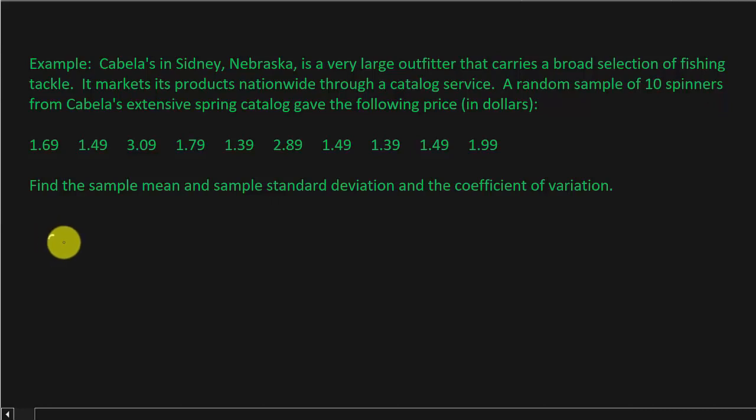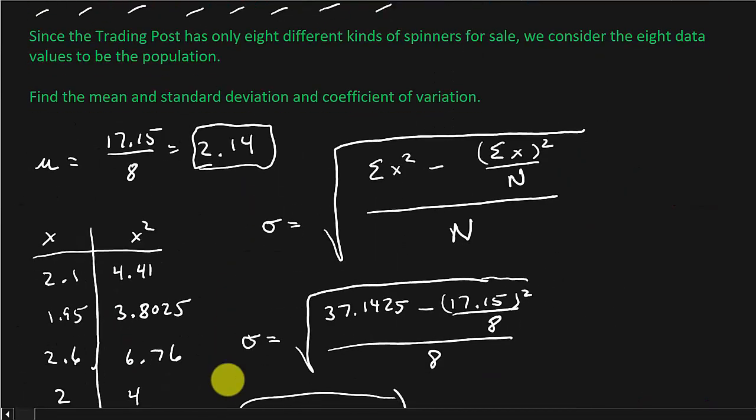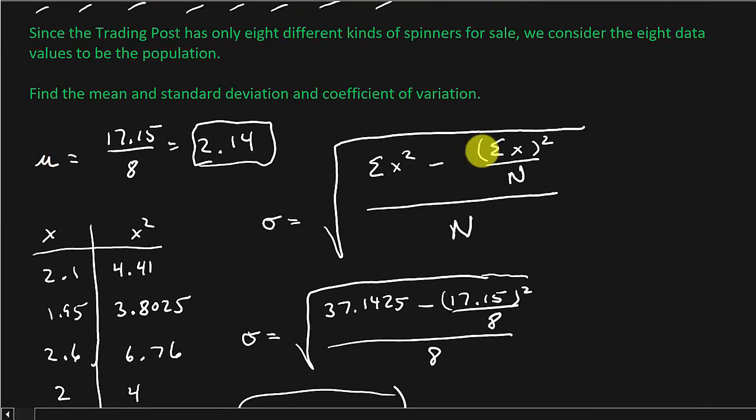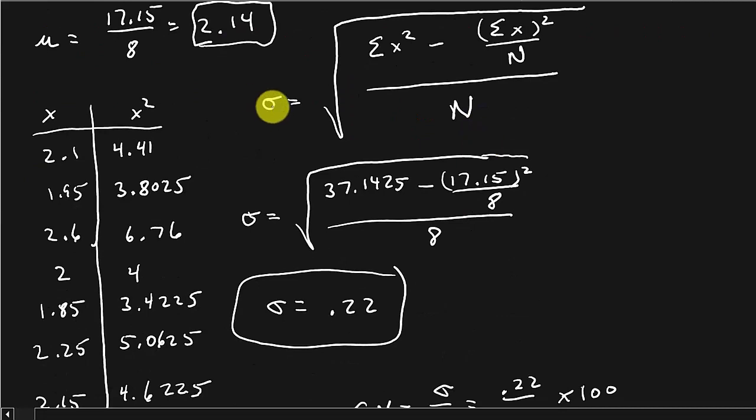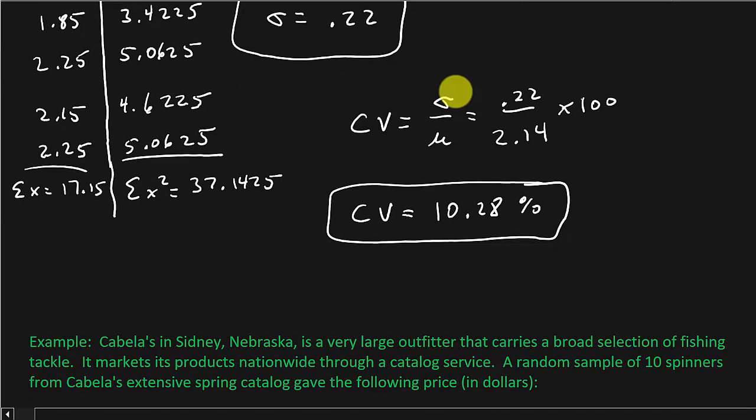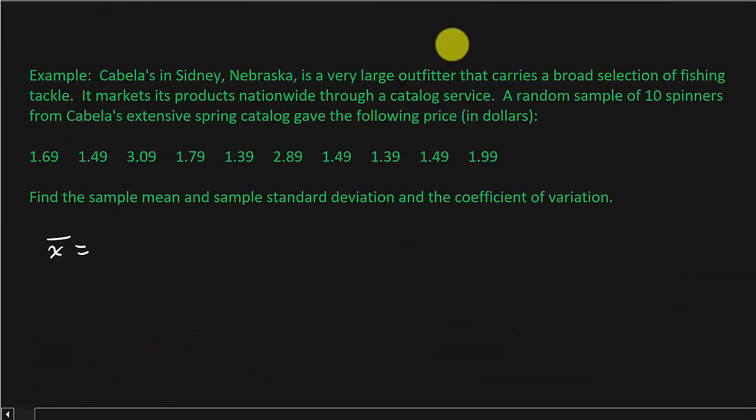So when we do this, when we find the mean, notice X bar. In the previous example, I used mu and I used sigma. Mu to represent the mean, sigma to represent the standard deviation, because this was what? This was the population, because that's all they had was 8 spinners. Now I'm taking a sample. They have a lot more spinners, but I'm only sampling 10 of them.